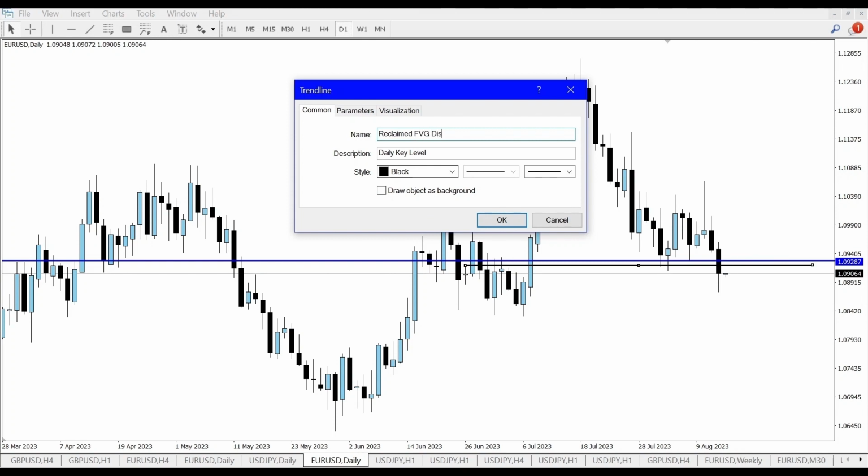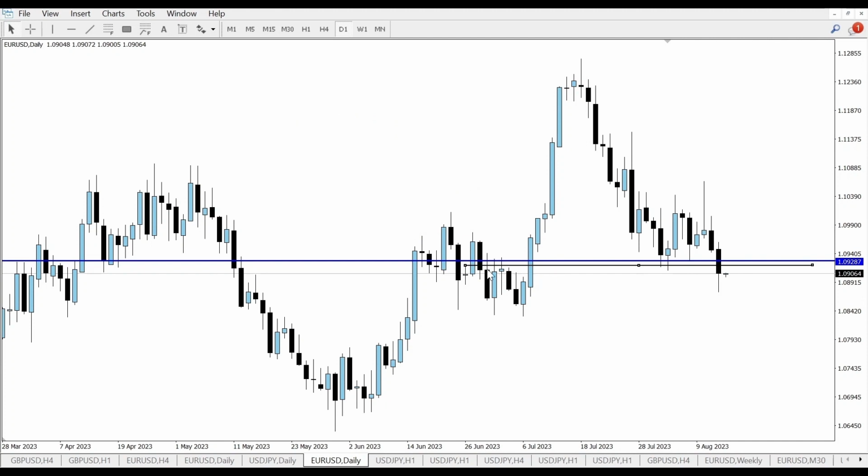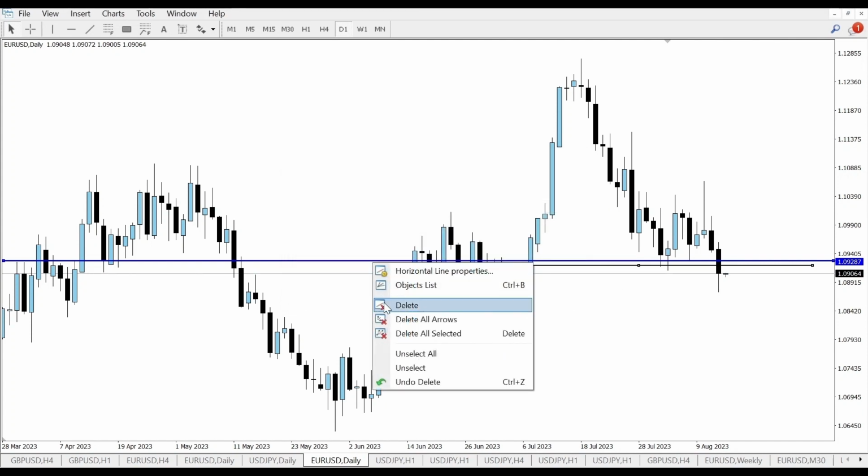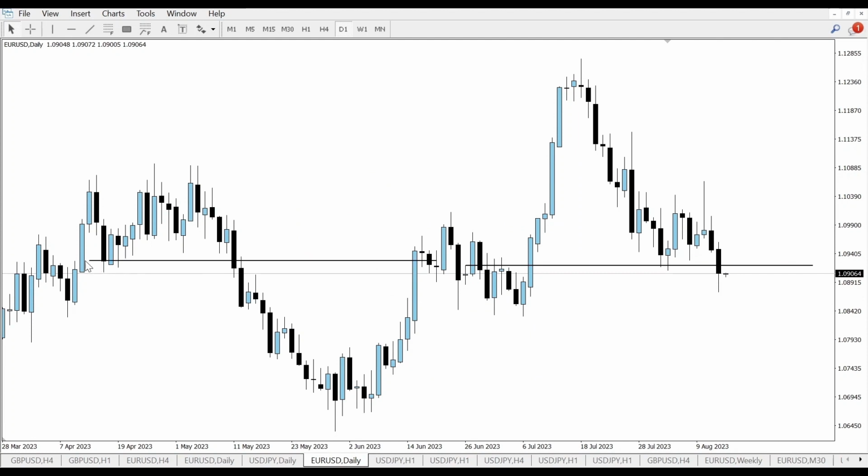And it's a discount low, and it's key level 1 above market price. Let's straighten the line up, and then we have key level 2, which is an inversion level.